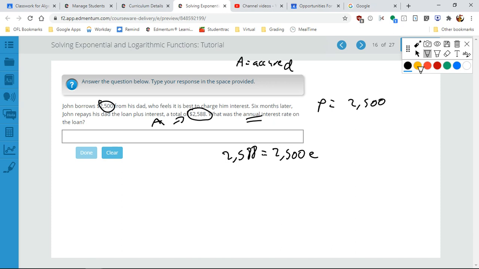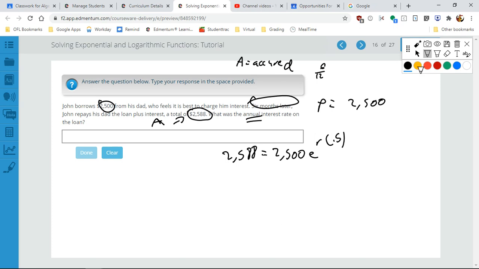We don't know what our R is. That's what we're solving for. And our T is, it hasn't been a full year, 6 months out of 12. So our T ends up being 6 over 12, or 1/2. Or even then, we can just change this to 0.5.